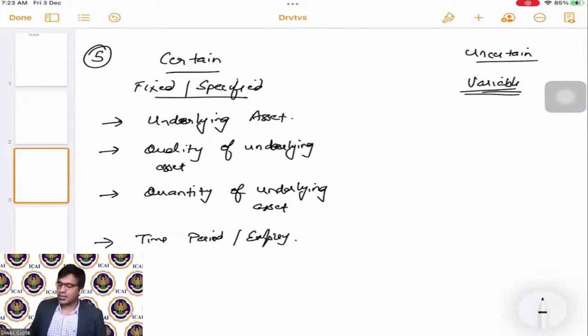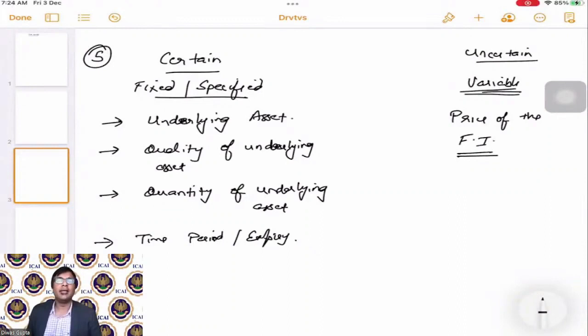It's price. The price of the financial instrument is uncertain. That's the biggest uncertainty in the derivative, because it is dependent on the underlying asset, and you never know tomorrow where that underlying asset is going to be.